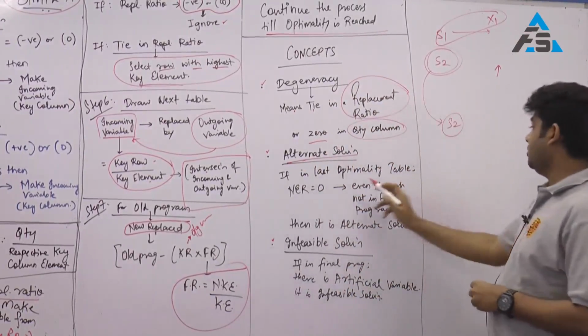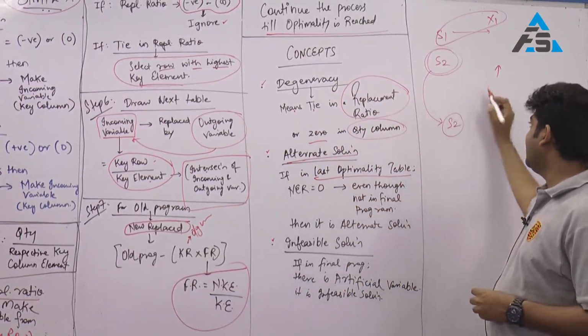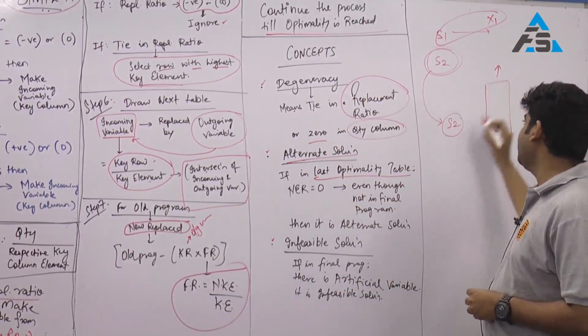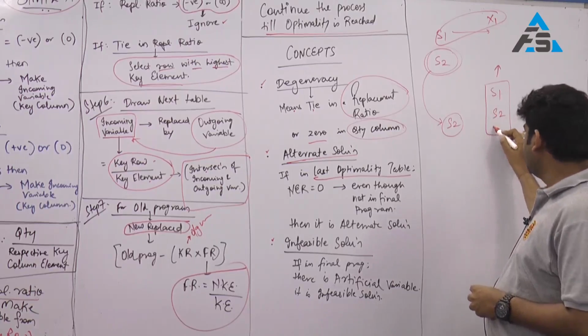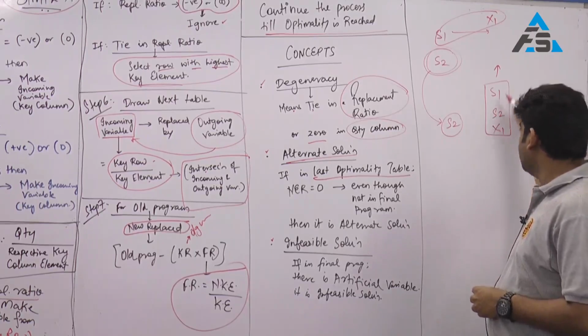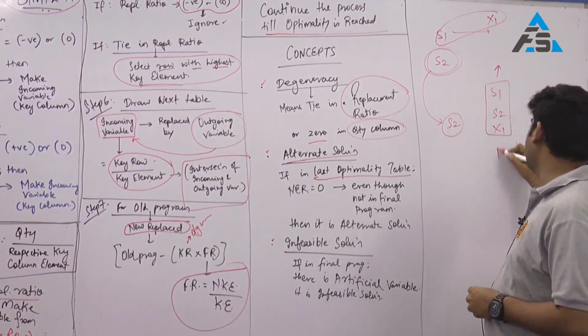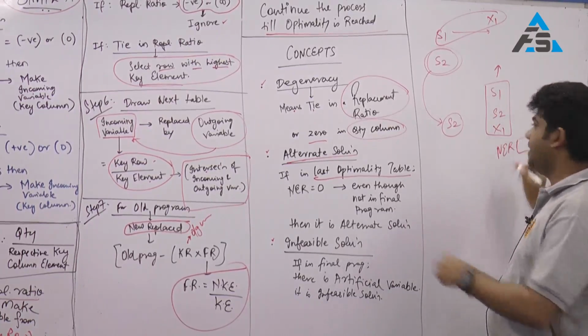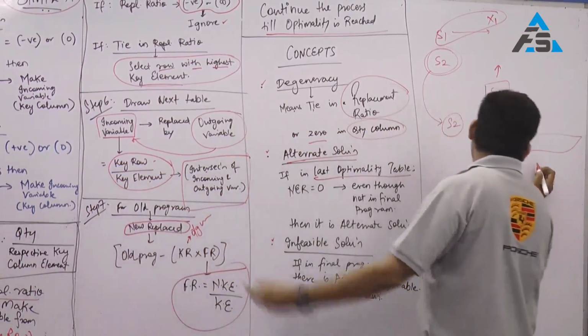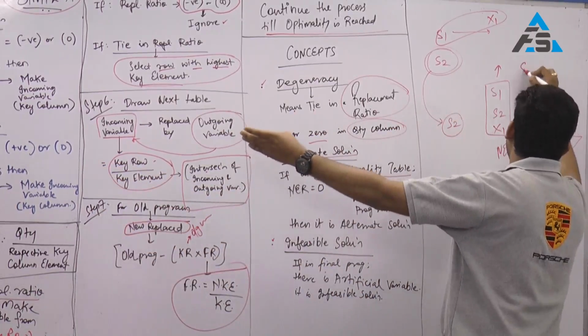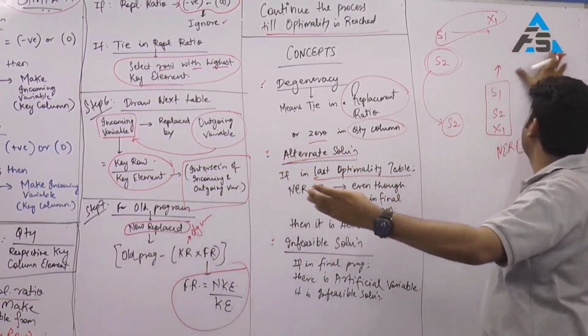When in your last optimality table, as in the optimality table which gives you the final answer, say for example S1, S2 and say there is X1, this gives you a NER which, in case of a maximization type problem, should be less than or equal to 0.